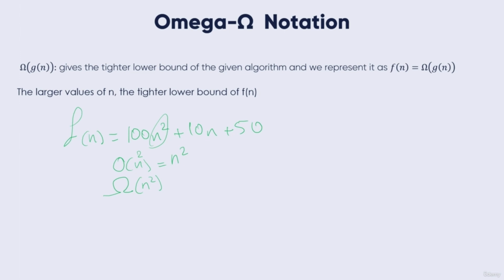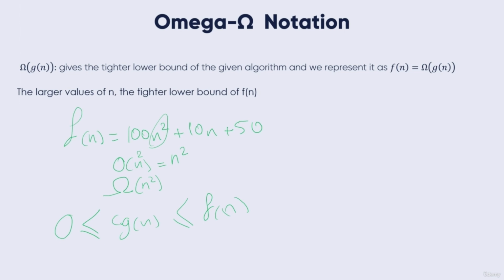So the omega notation can be defined as: omega of g of n equals f of n, there exist positive constants c and n0 for the function such that 0 is less than or equal to c times g of n, which is less than or equal to f of n.